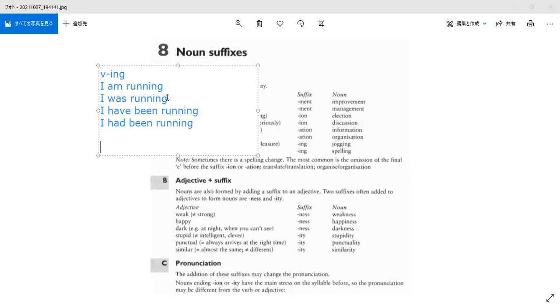Verb-ing is just adding verb one plus ing.